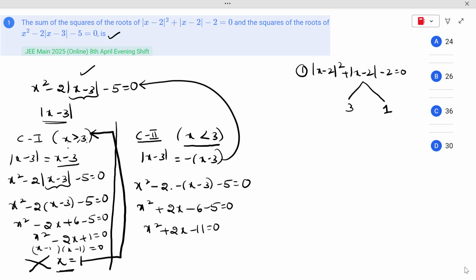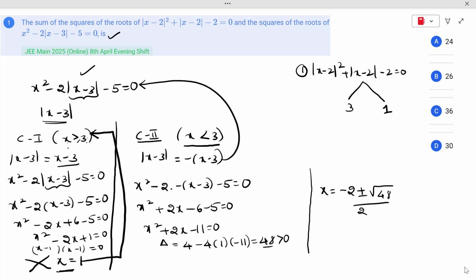First of all, let us try to solve the quadratic equation. What is the discriminant? Discriminant is b square, that is 4, minus 4 into a, which is 1, into c, that is minus 11. So that is 48. Yes, it is greater than 0, so we will have two roots. The two roots of this equation are x is equal to minus b, that is minus 2, plus or minus square root of b square minus 4ac, that is the discriminant 48, by 2 into a, so 2 into 1, 2.